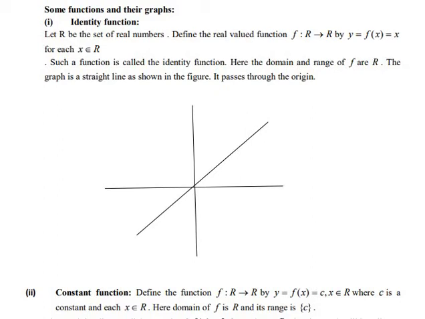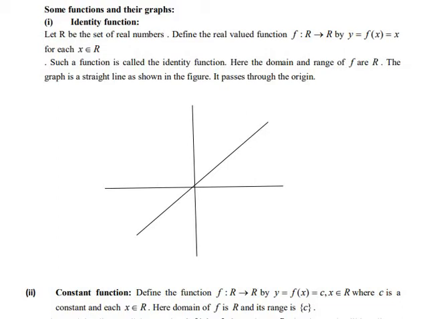So in this way, if I draw the table of the image and pre-image under f, then I will get this graph. See, for 0, f of 0 is equal to 0. This is the y-axis and this is the x-axis, or you can say this is the axis for the image and this is the axis for the pre-image.